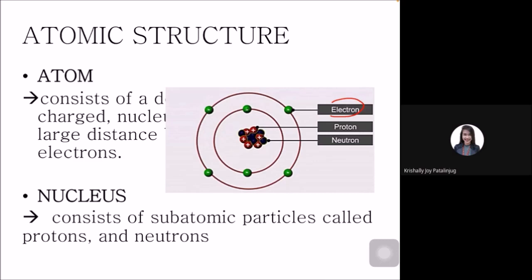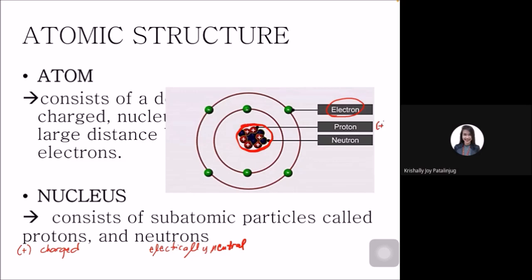And inside the nucleus, the reason why it has a dense property is because it consists of subatomic particles, namely the protons, which are the positively charged subatomic particles, and of course the neutrons, the ones that are electrically neutral. Now the reason why the nucleus has a positively charged property is because of the presence of protons.